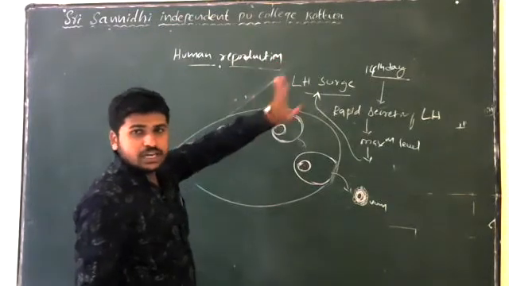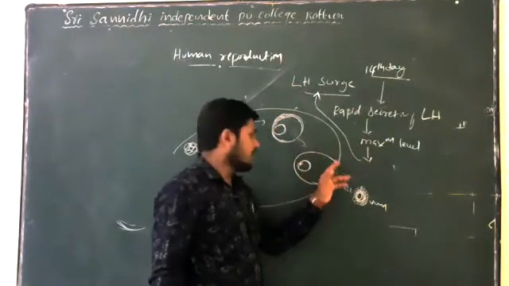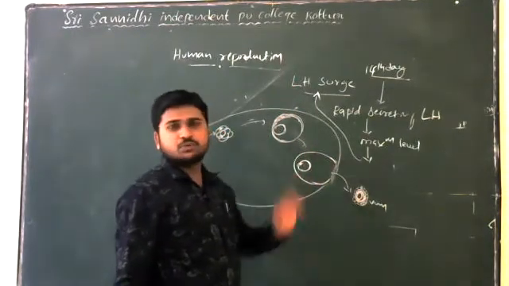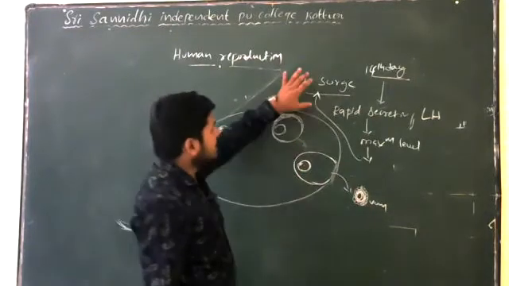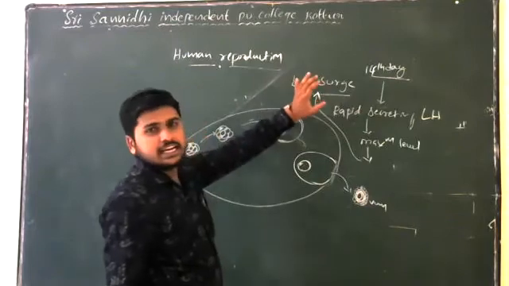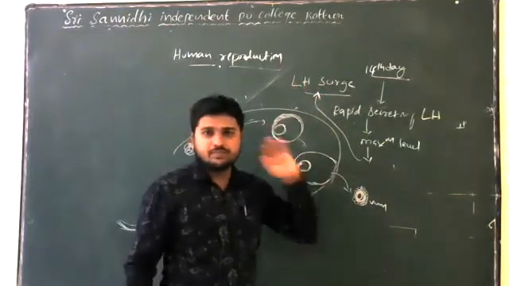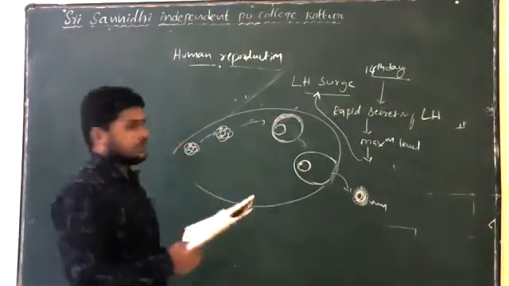If there is no LH surge, there is no rupturing of Graafian follicle, and there is no induction of the ovulation process, the process of release of ovum. That's why LH surge is an associated event of the ovulation process. Remember. Next, decrease in the estrogen hormone.